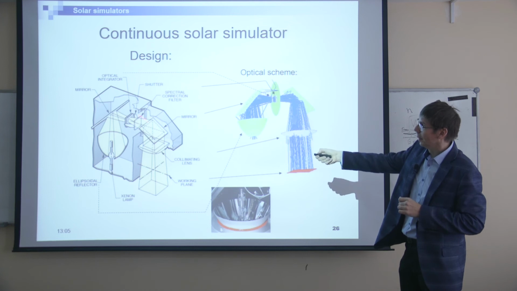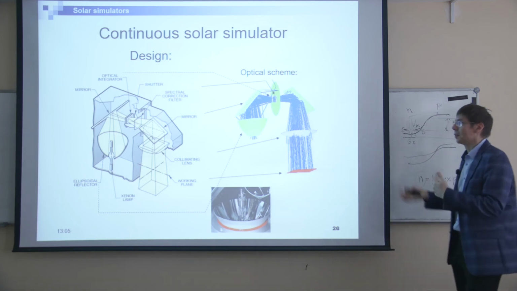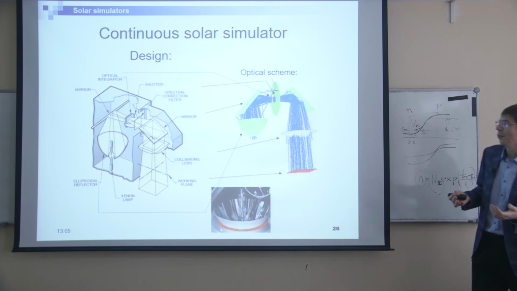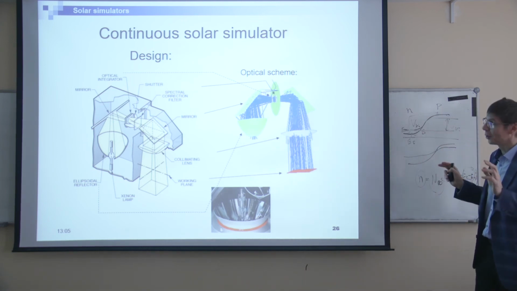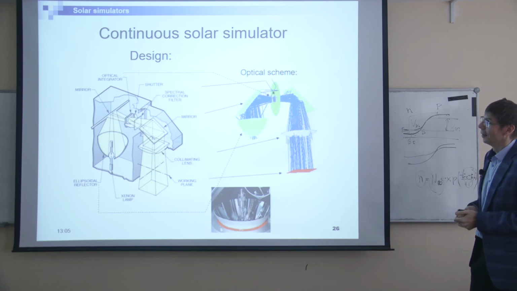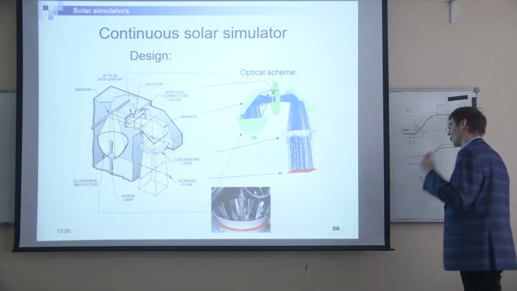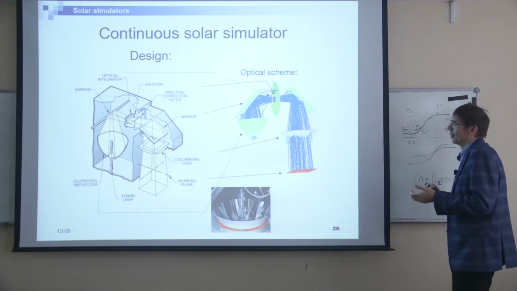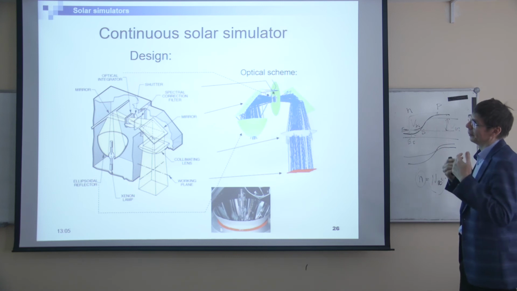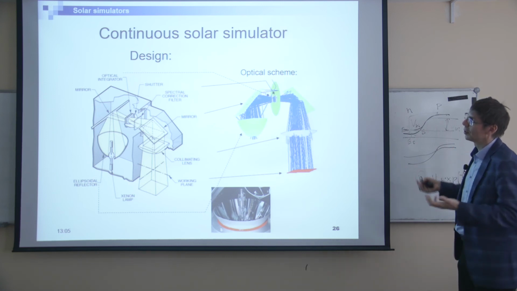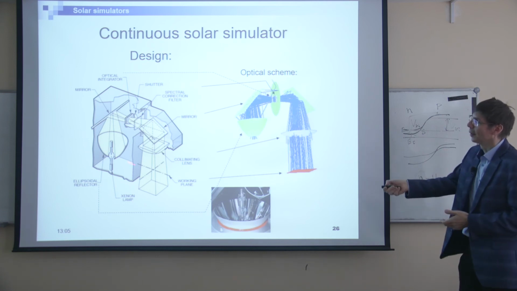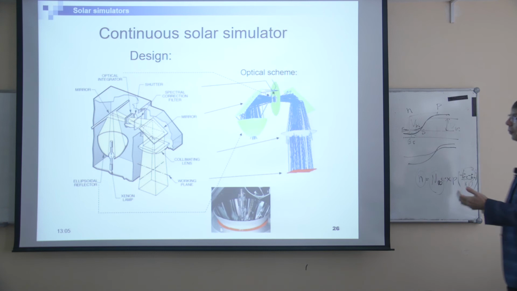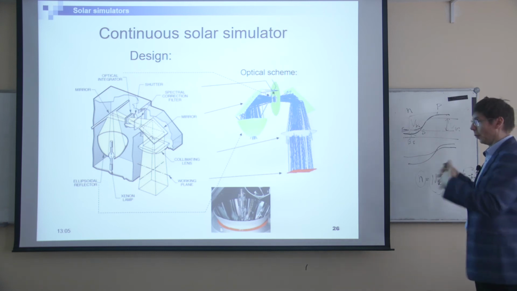Then optical filters are used to correct the spectrum. I think it's one of the simplest things, just to buy the filter. If you can, because, for example, it's funny, but normally you can order many parts of the solar simulator, like a lamp or optical filter, from the producer.